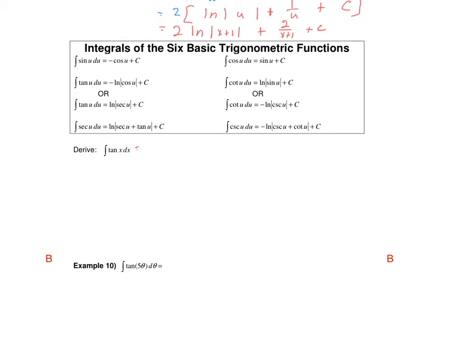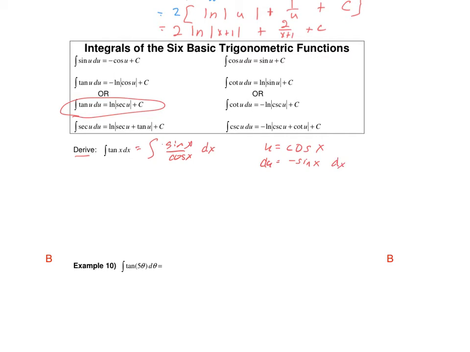All right, so if we derive here the integral of tangent, so if you see where it comes from, if you're not a memorized person and you don't want to memorize that, then you can always just do it piece by piece here. So tangent is really the sine of x over cosine of x. So if I do a u substitution, because I want to get rid of that denominator, I let u equal cosine. The derivative of cosine is a negative sine dx.